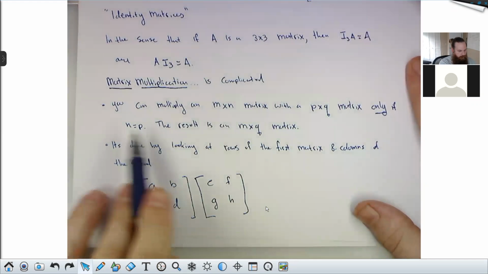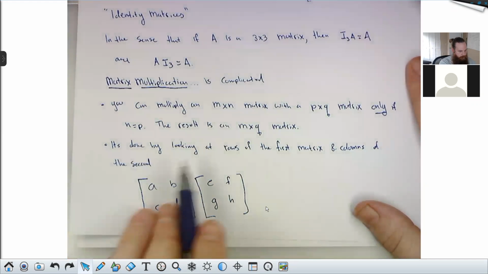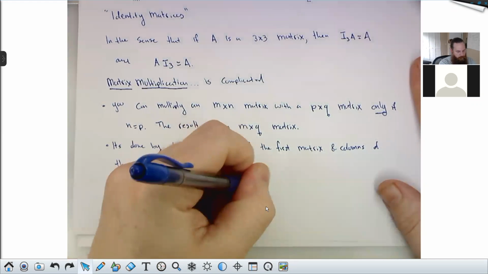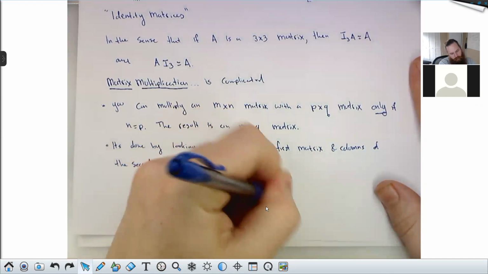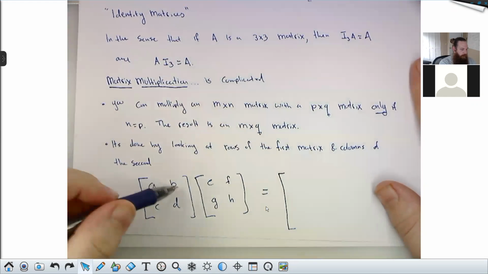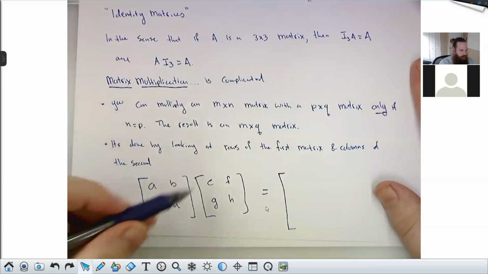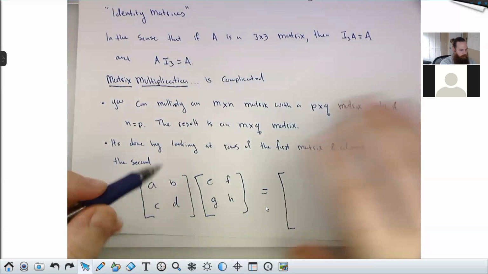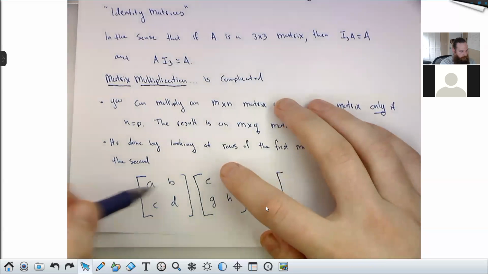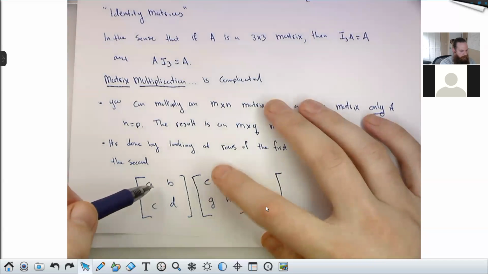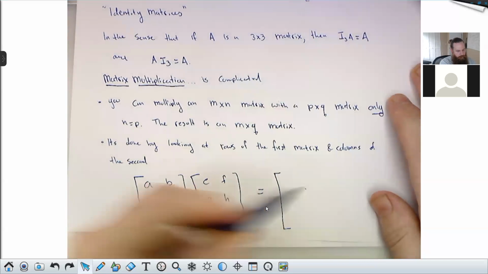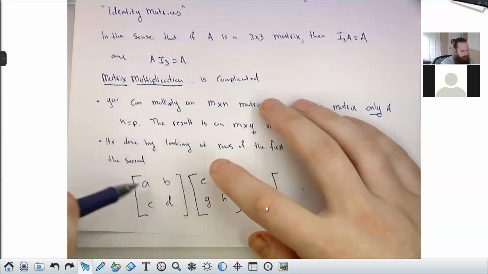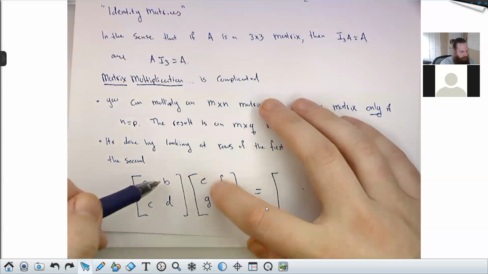So it is true that N is equal to P. And it is true that the output will be another 2 by 2 matrix. I look at rows of the first and columns of the second. So here, I take this first row and this first column. That will tell me what goes in the 1, 1 position of the resulting matrix. It will be A times E plus B times G.